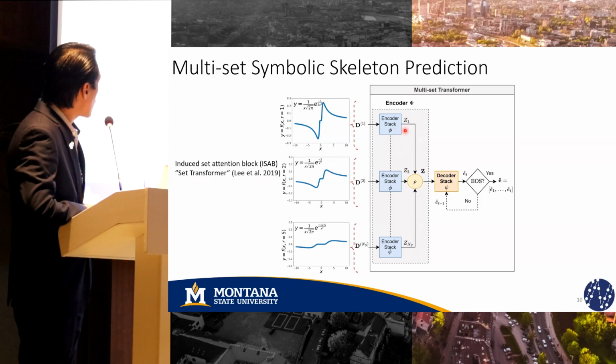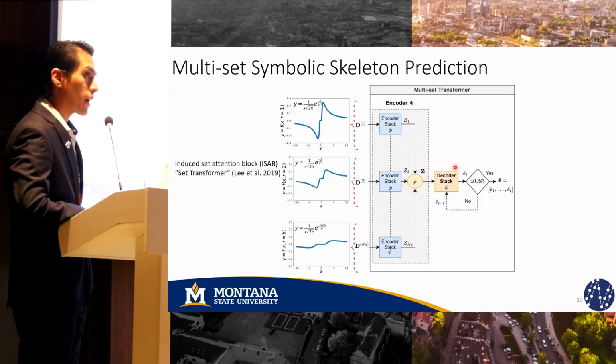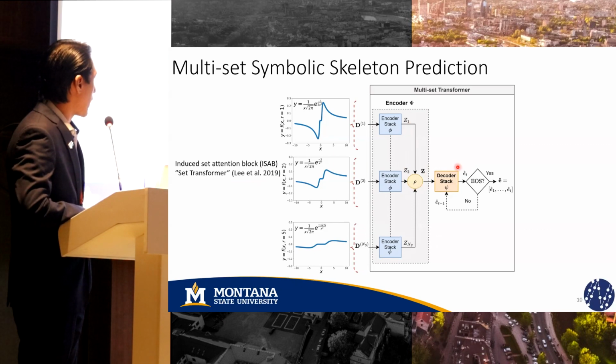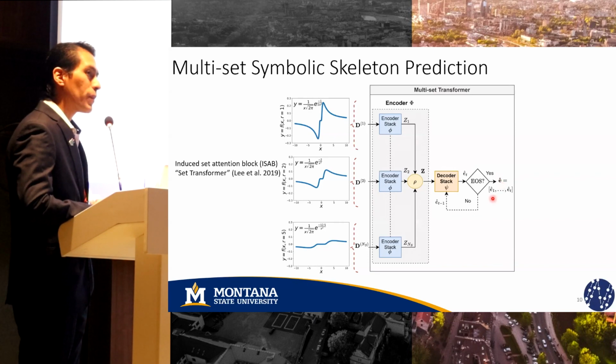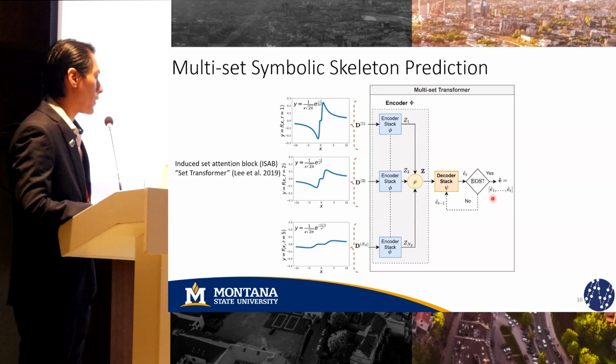So basically for each input set we obtain a latent representation, and then we can aggregate all of these latent representations using an attention mechanism to obtain a single representation that is going to be processed using a decoder stack, which is the same as the one used by the typical transformer. So we're going to generate the output tokens in an iterative way until we generate the end of sentence character. And in the end, we obtain an estimated skeleton that represents a mathematical expression in prefix notation.